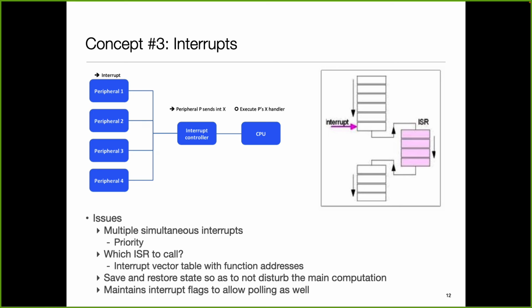I'm sure many of you have done Arduino programming, and there you can write an interrupt handler in a very special manner, so it hides a lot of stuff from you. But if you're doing some more serious stuff, you'll have to know what is happening at that level.